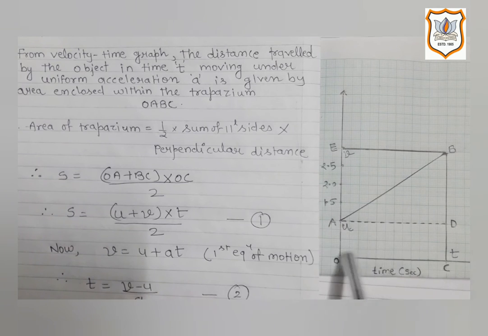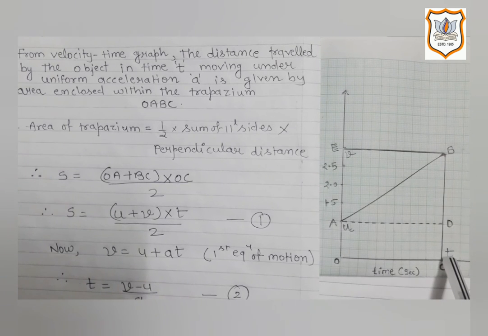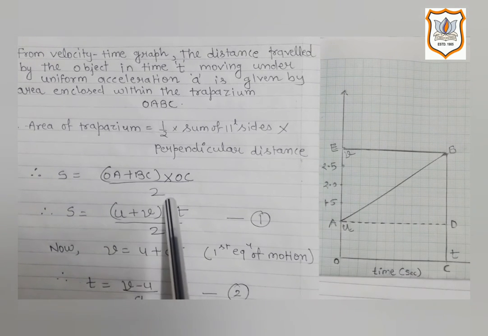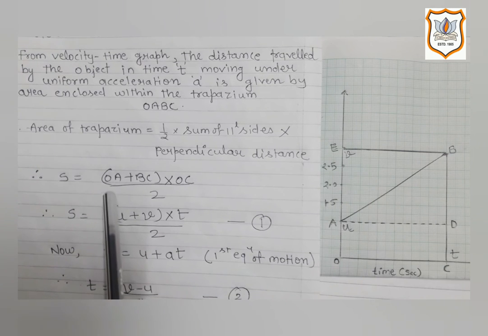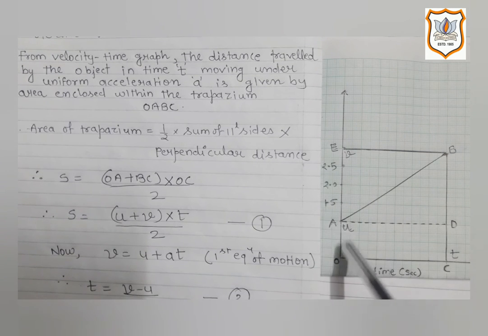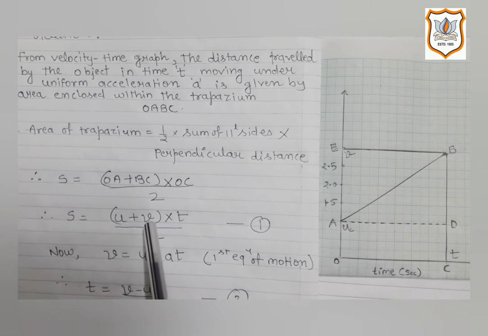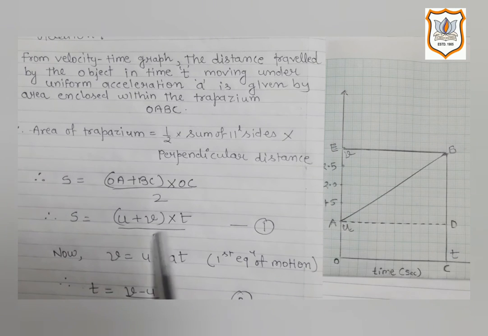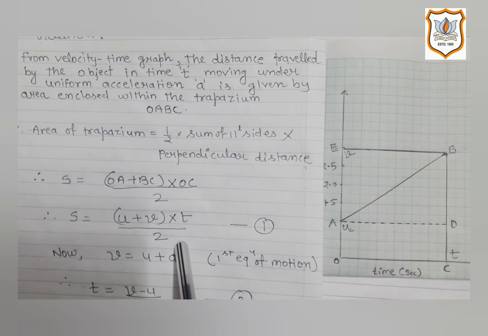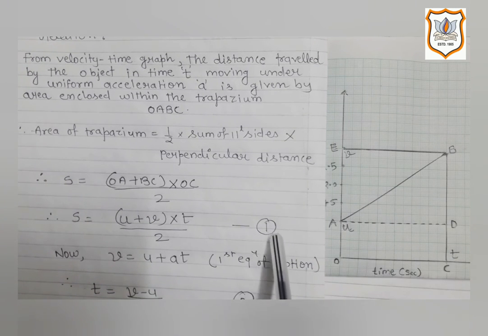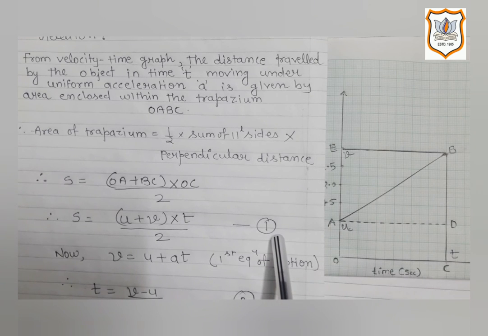OC is perpendicular distance between them, divided by 2. And we know that OA is our initial velocity u, and BC is our final velocity v, and OC is the time taken t. So we can write S is equal to u plus v into t divided by 2. And we can write it as equation number 1.